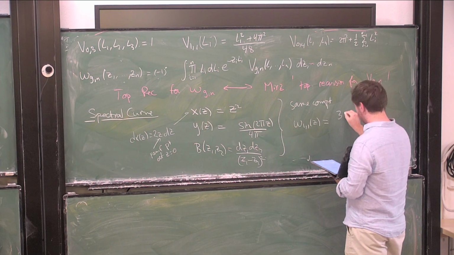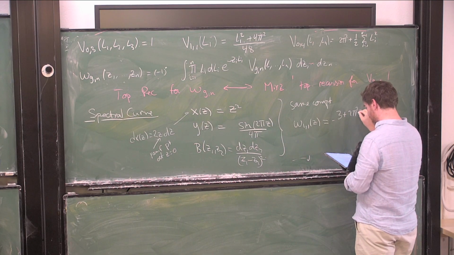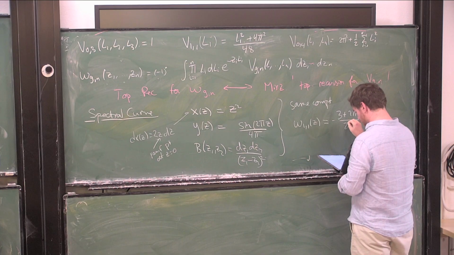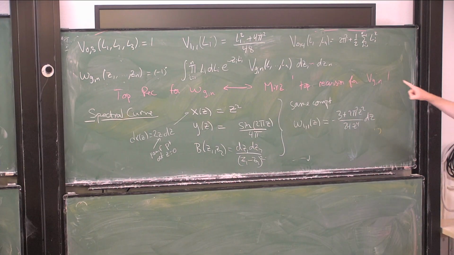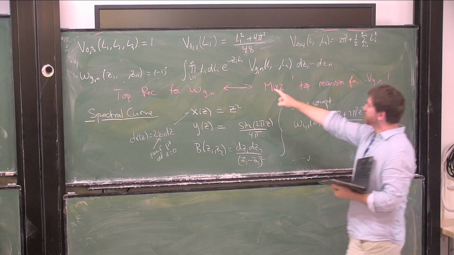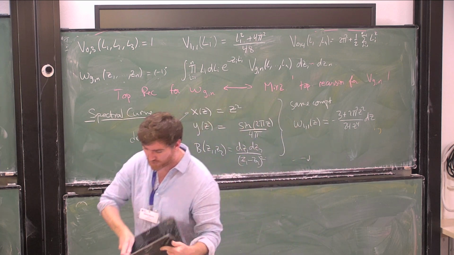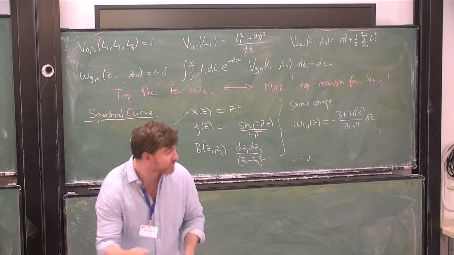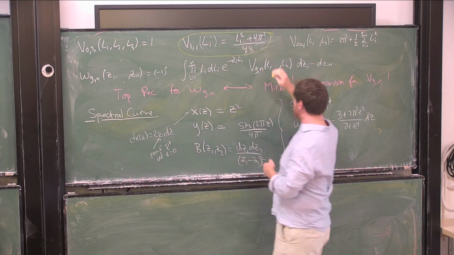And you would find that this is 3 plus 2 pi squared z squared over 24 to the 4 dz. Now you can plug that in, do the inverse Laplace transform, and lo and behold, you will find precisely that volume. Okay, so it kind of had to be true given what I told you. But this spectral curve was totally not known.